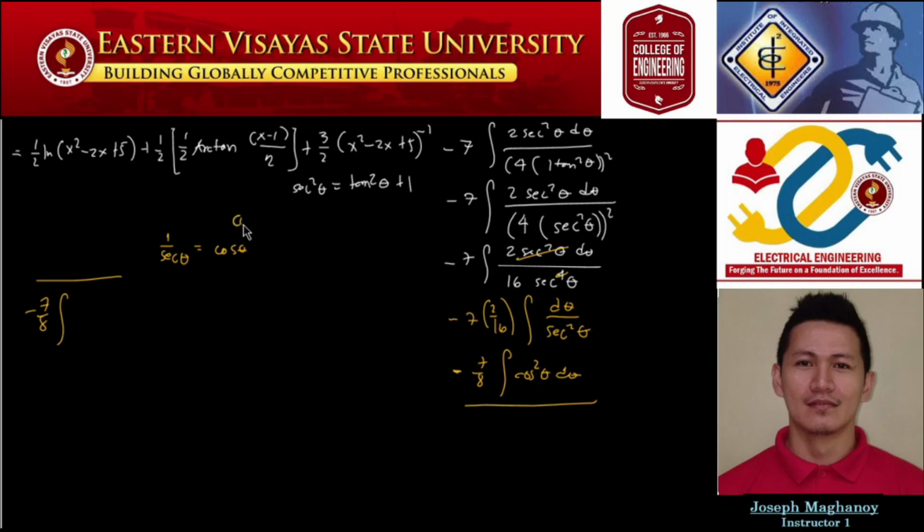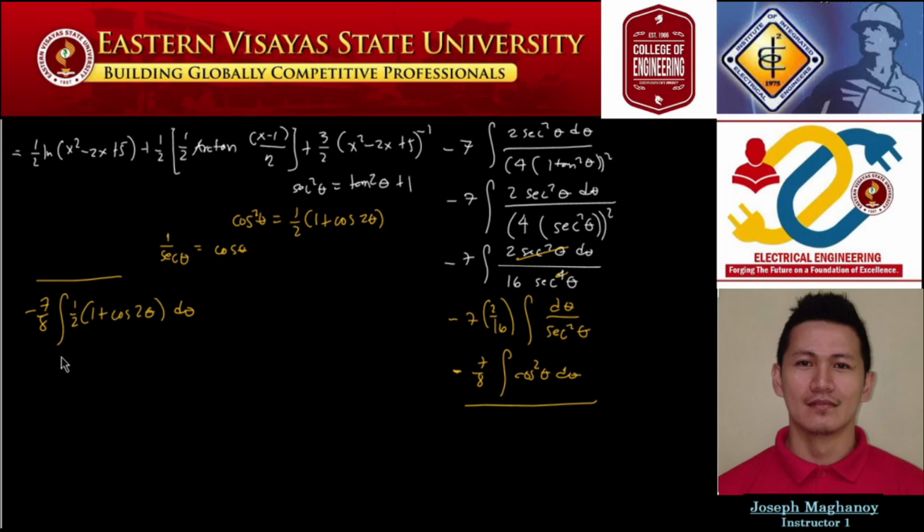So cosine squared theta is also equal to 1 half times 1 plus cosine 2 theta. So we replace our cosine squared theta with our trigonometric identity. So that is 1 half 1 plus cosine 2 theta d theta.